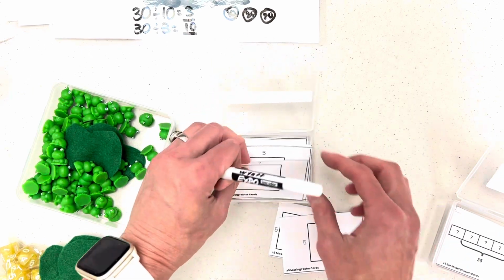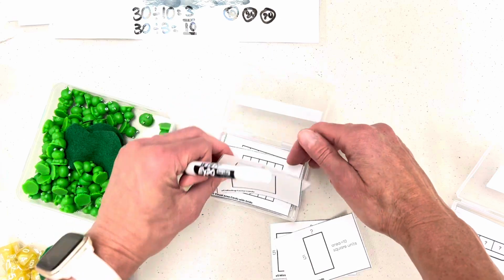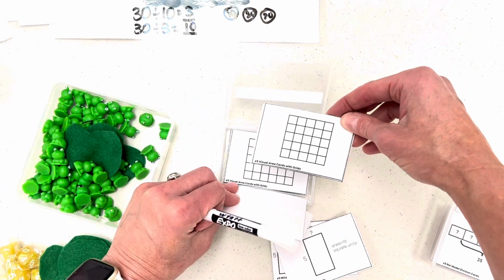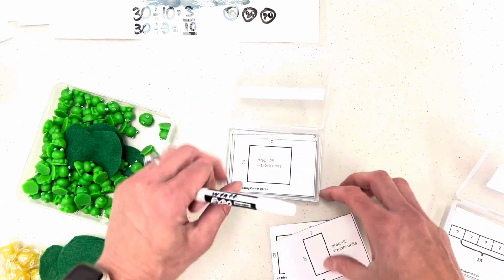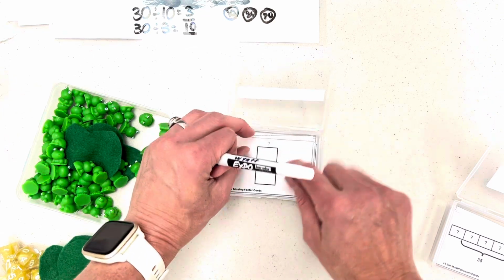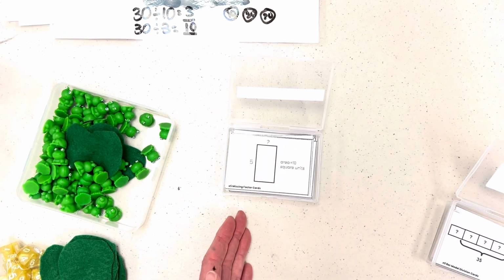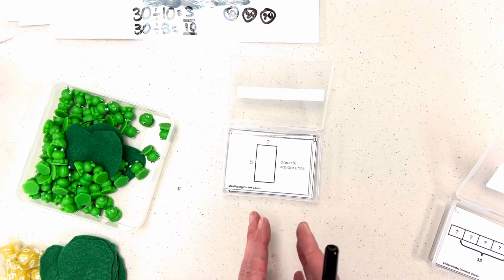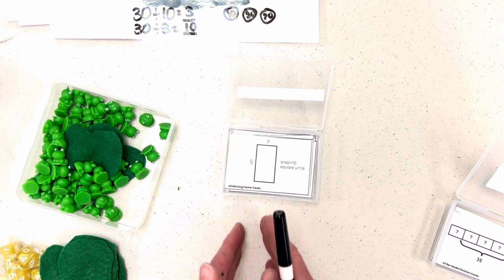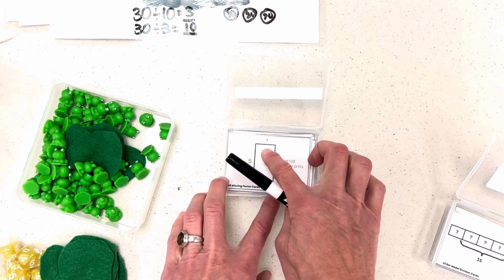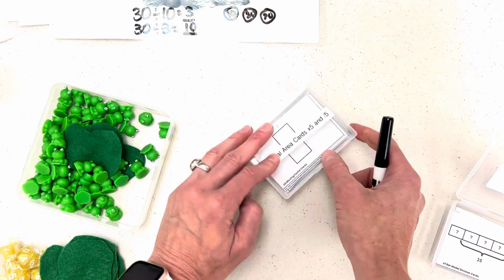You do have the option of pairing the cards with the ones that have grids to help if they're really stuck. You could also get square tiles out and have them build 10 with 5 rows, not 5 rows of 10, but 10 total squares with 5 rows, and hopefully they can start to see it.